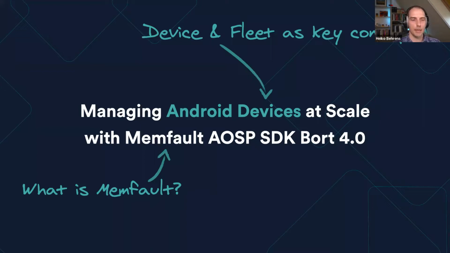Memfault is a fleet management solution and an observability platform, and we really think of fleet and devices first and tie everything we collect around the notion of devices, and then we have other entities in our model that really are rich and not just plain unstructured data. And the 4.0, that's really just what's new and what we want to talk about.